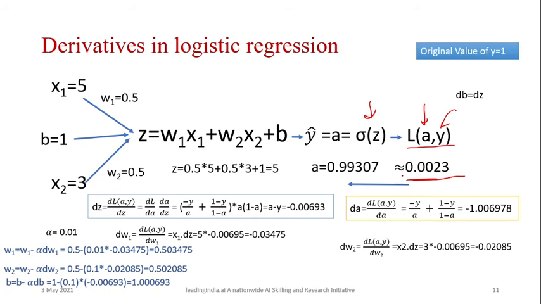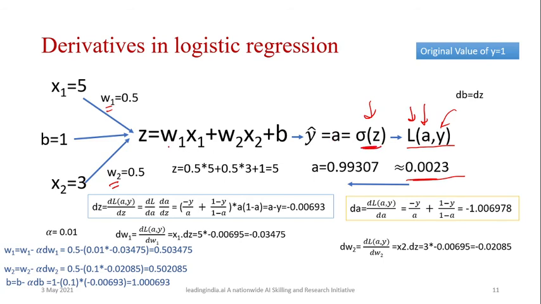Now this loss will backpropagate and try to modify your w1 and w2. So how will it modify? It will use differentiation by parts, or you can say the chain rule. So how is the chain rule working? If you look, the cost function is a function of a and y. The a is a function of z.